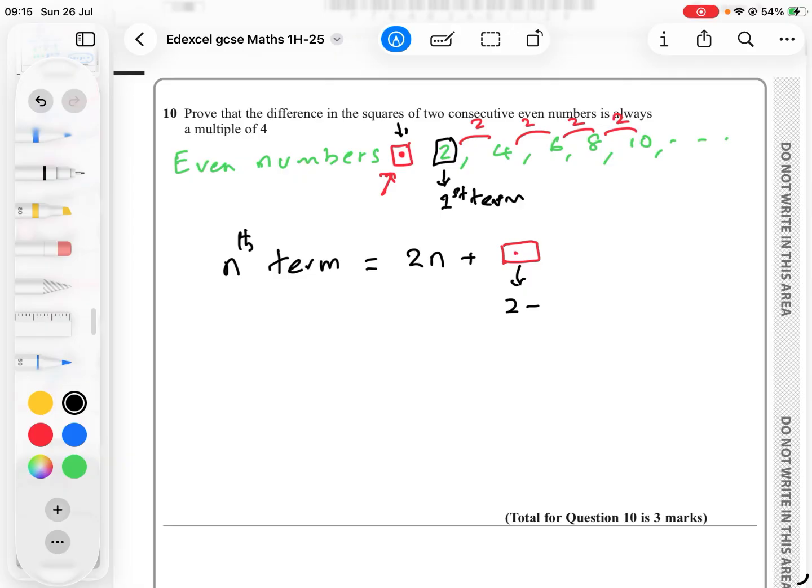The first term is 2, and the common difference is 2. I am denoting it in red. That is your common difference, 2. Take away 2. To do this, subtract the common difference.